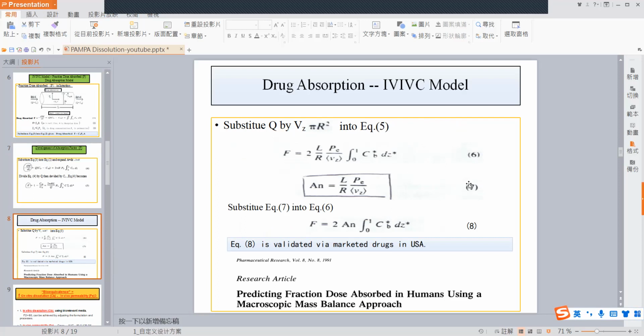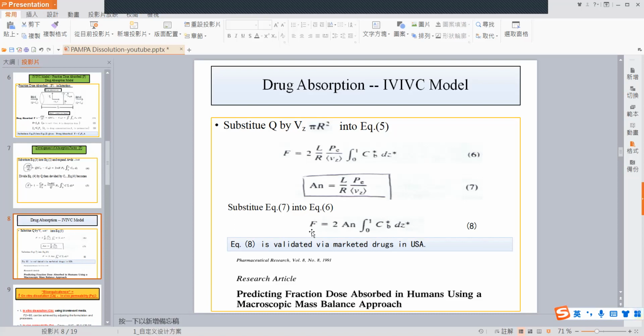So equation 6 then becomes equation 8. It's just a simple transformation, easy, becomes F equal to an integration of such, right? So we know that the integration of this is purely just a constant.